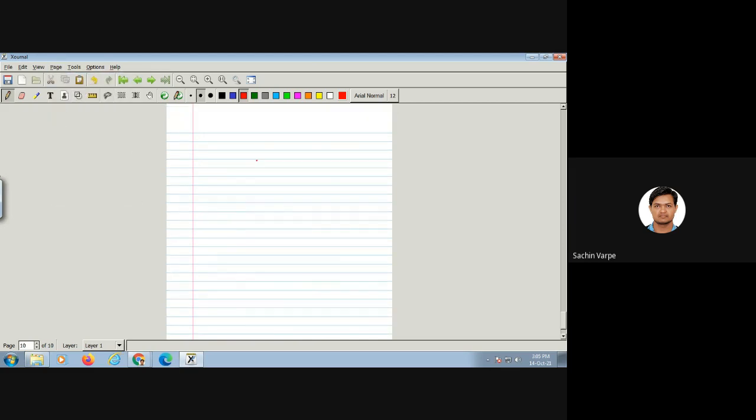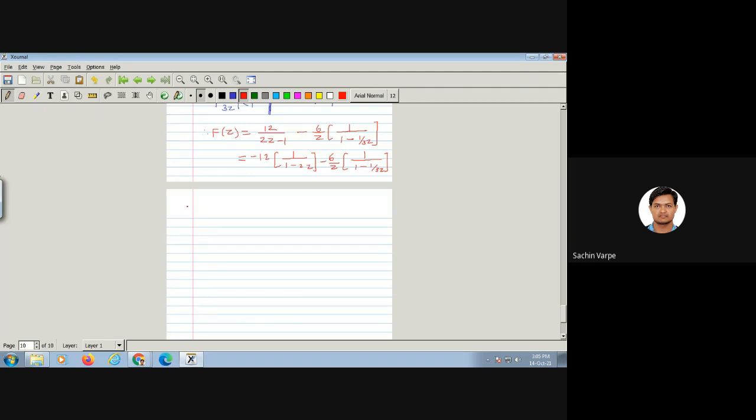Therefore f of z is equal to -12 into, we all know the expansion, 1 plus 2z plus 2 square z square plus 2 cube z cube plus and so on, minus 6/z into 1 plus 1/3z plus 1/3z whole square, that is 1/3 square z square, plus and so on.